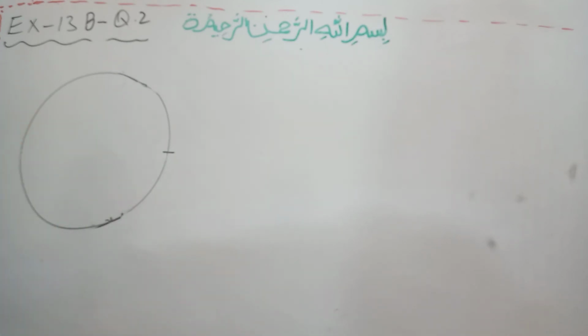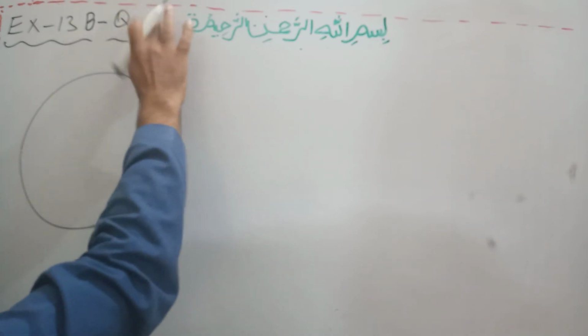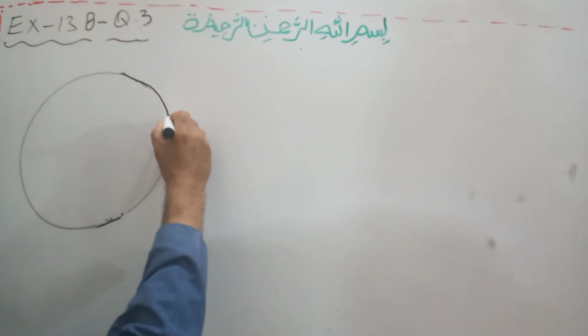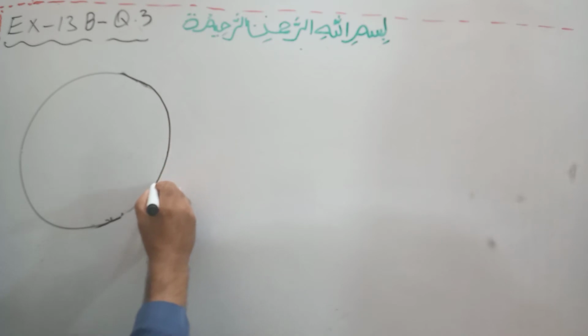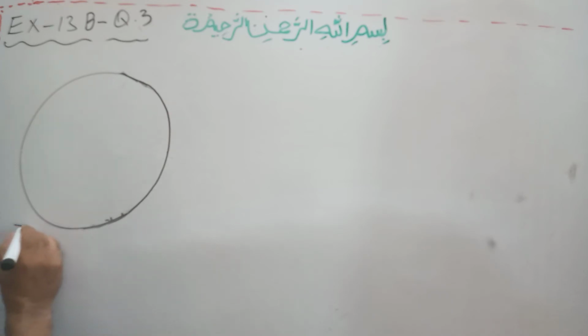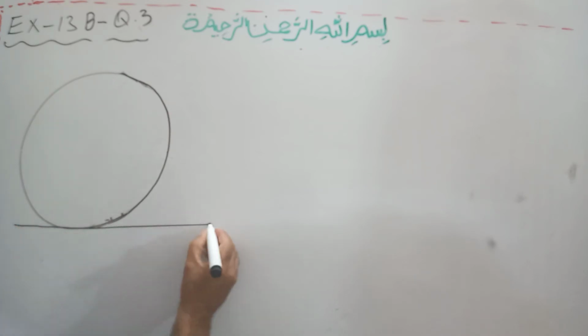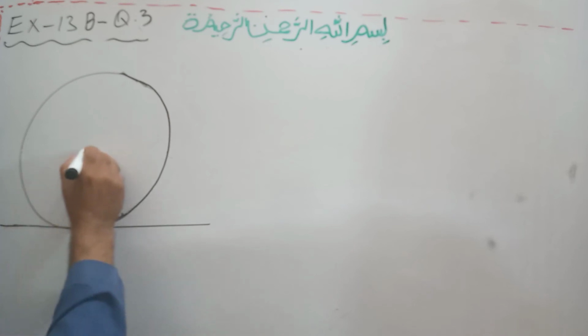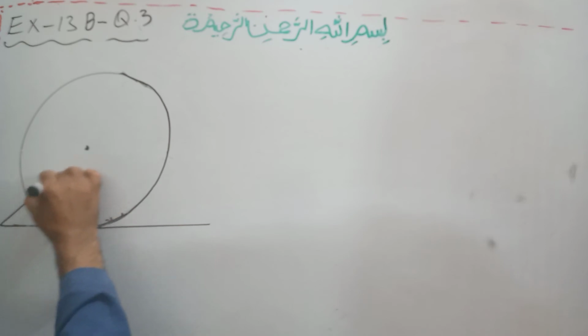This is the tangent AB, and there is a line passing through the center.